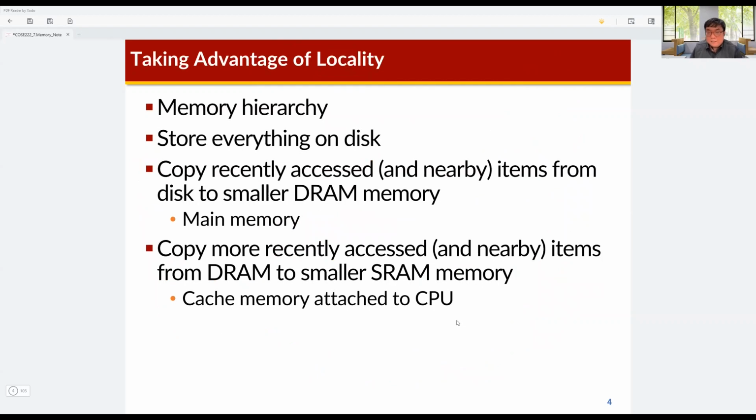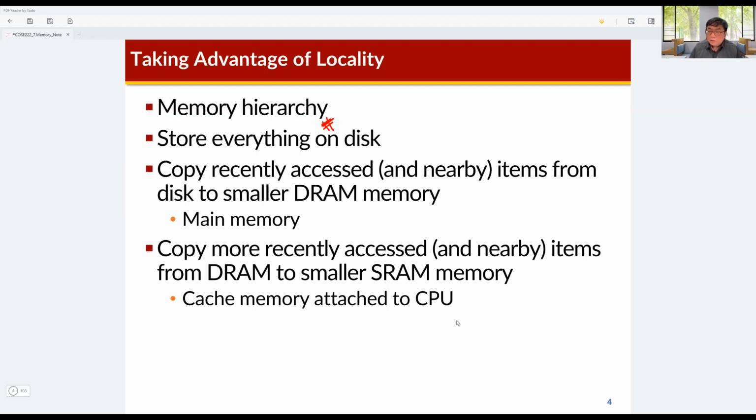Then let's see how we can take advantage of locality. So, memory hierarchy. I will explain about the memory hierarchy, but think about the normal computer system you use. So where is our data?